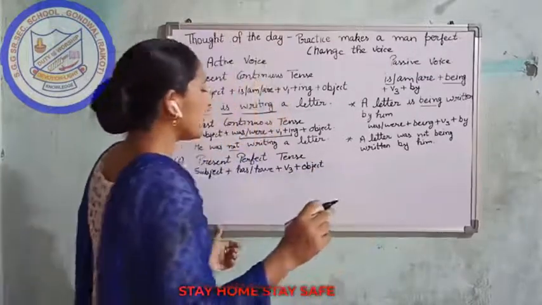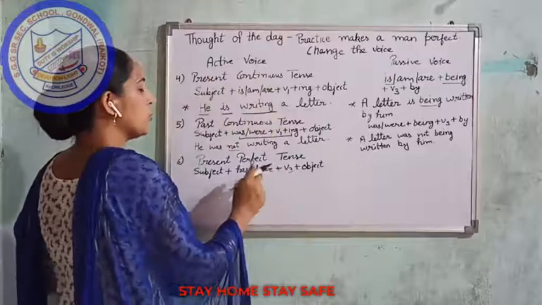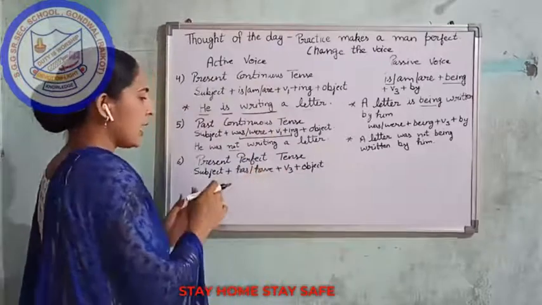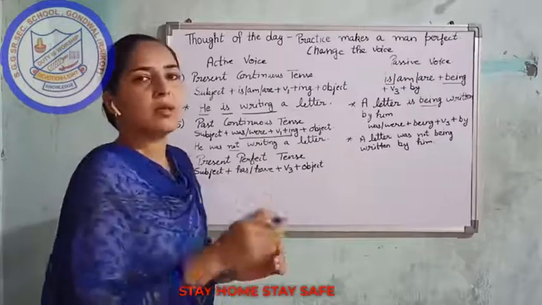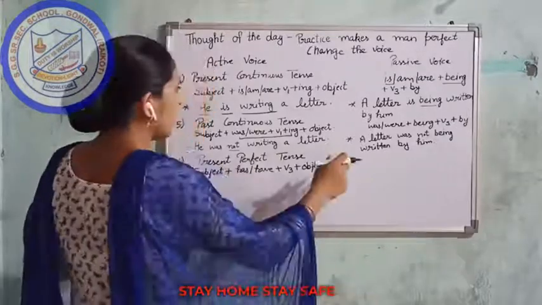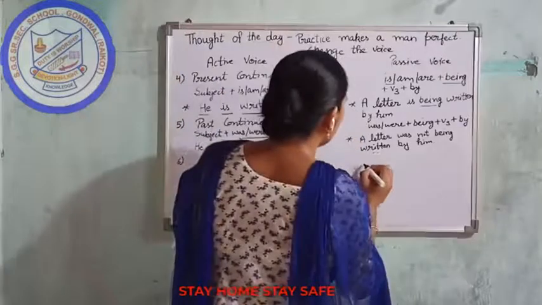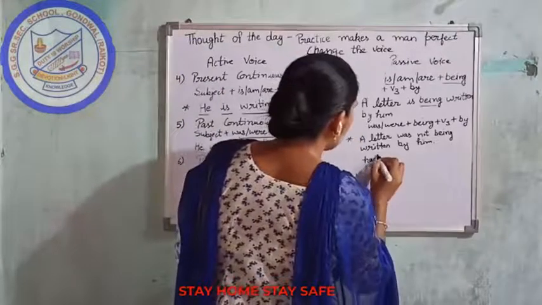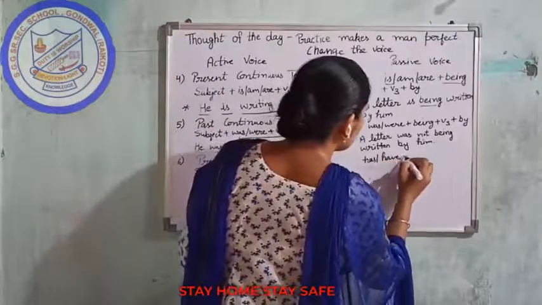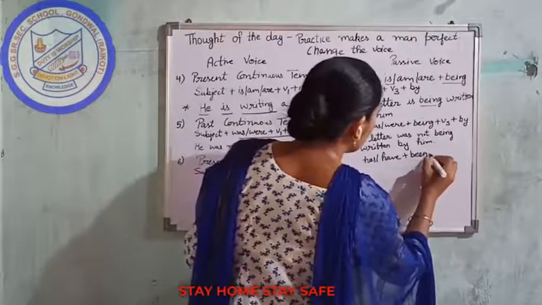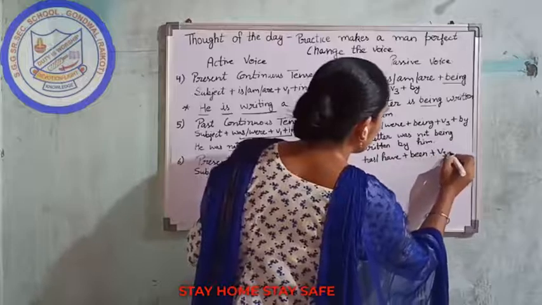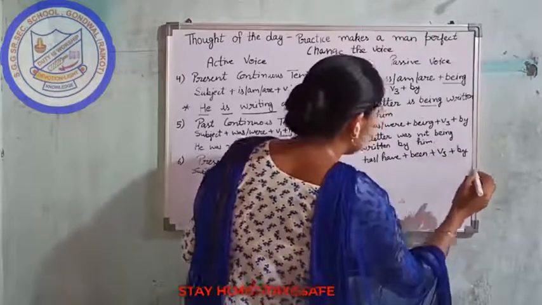Students, don't make use of B1 or B2 with has, have. With has, have, we only can make use of B3 past participle. In passive voice, we will make use of has, have, plus been, plus B3, and then by.